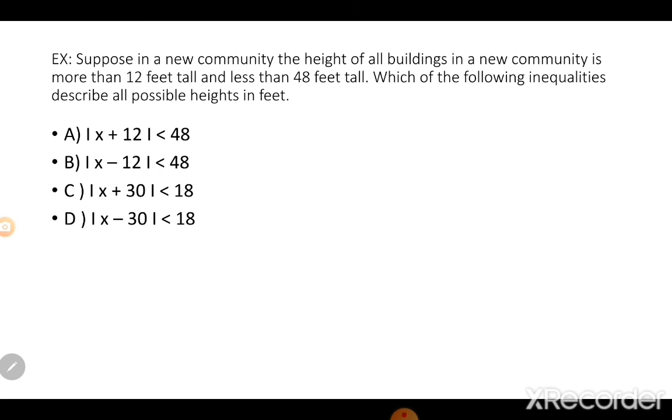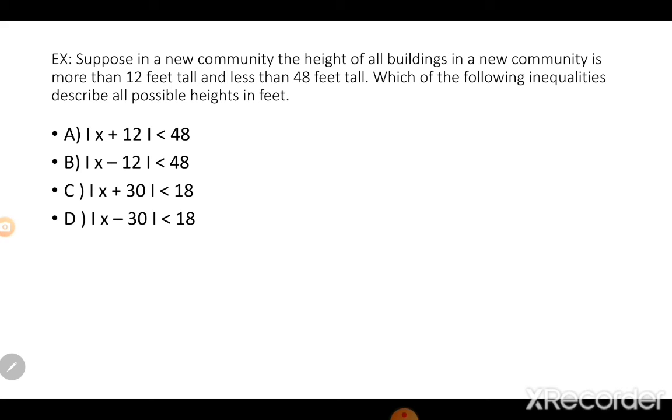Okay, so in this next example, suppose in a new community, the height of all buildings is more than 12 feet tall and less than 48 feet tall. Which of the following inequalities describe all possible heights in feet?